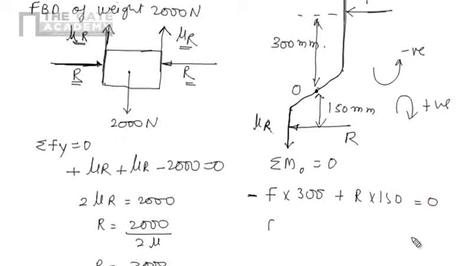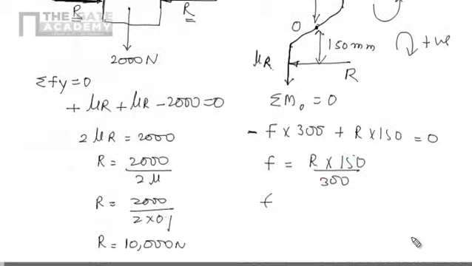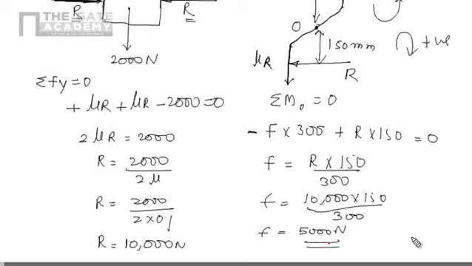Now we are interested in the value of F, so it will be R into 150 divided by 300. We have already calculated the value of R, that is 10,000, into 150 divided by 300, and if you calculate it, it will come to 5000 Newton. So the correct answer for this problem is 5000 Newton.